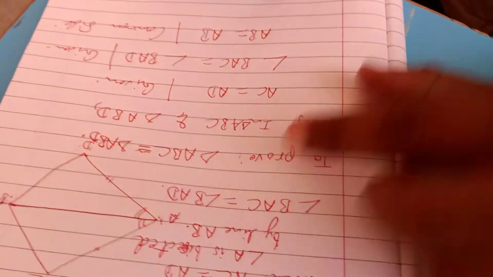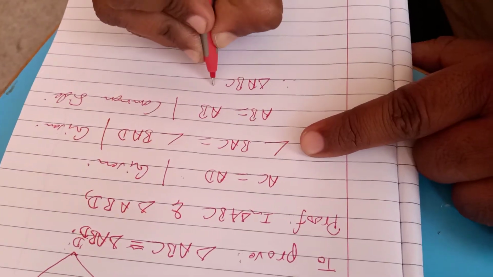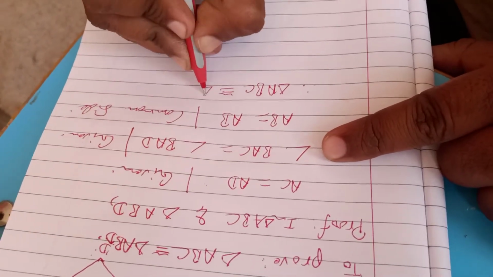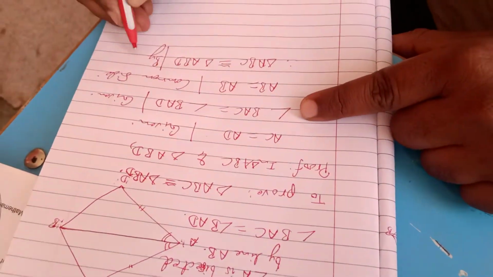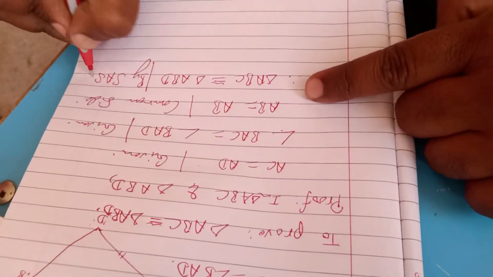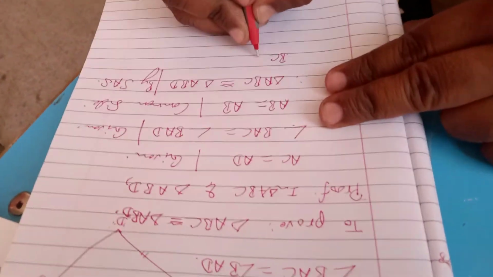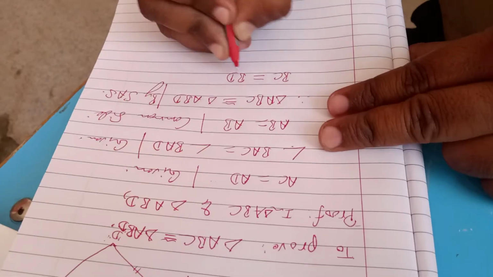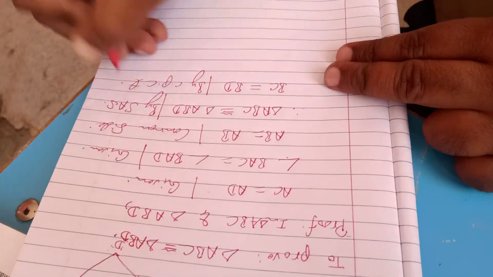Now we can say that triangle ABC is congruent to triangle ABD by angle side, SAS. Fine. And the second part about BC and BD, we can say this BC is equal to BD by CPCT. This is your question number first. Rest you have to do.